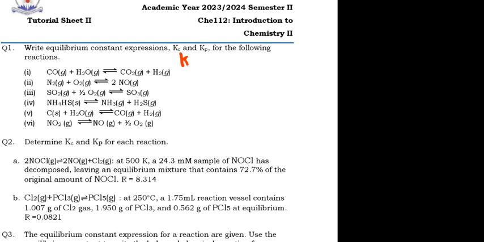We say Kc is equal to the product divided by the concentrations of the reactants. You note that in the product we've got carbon dioxide, and we're expressing it in terms of concentration. That's why we're saying Kc.